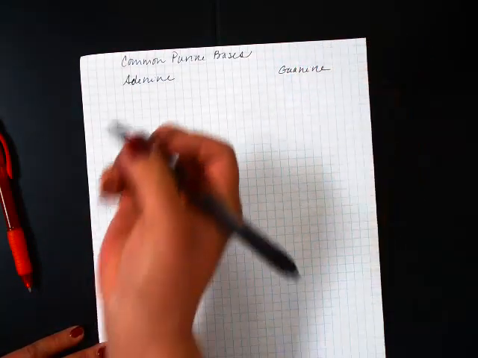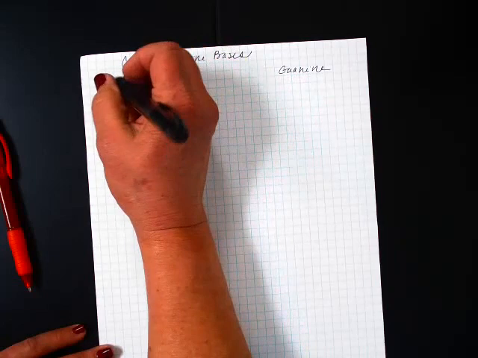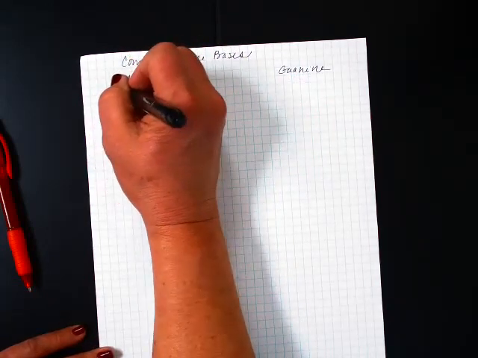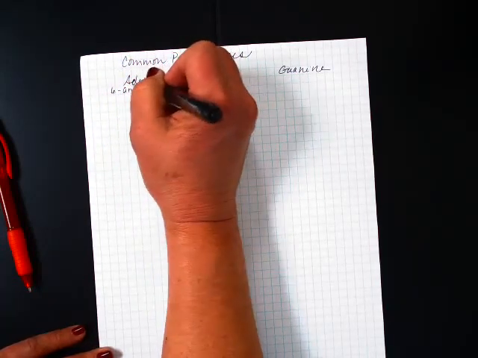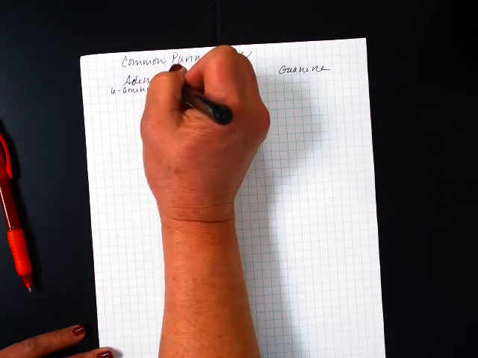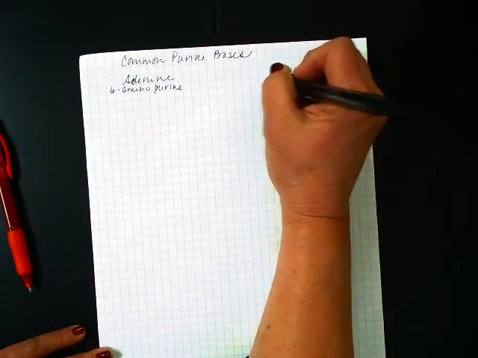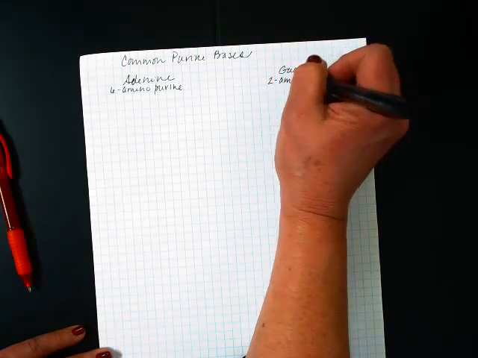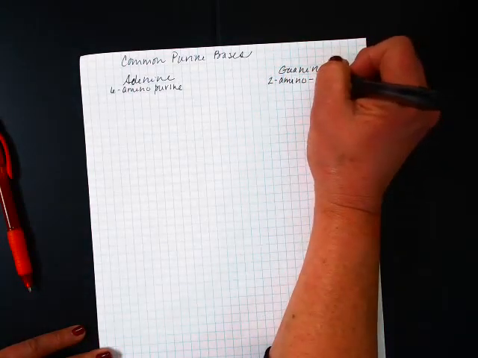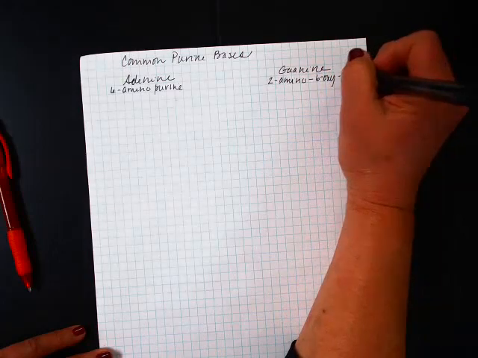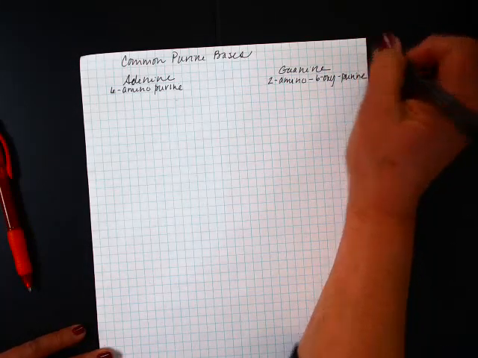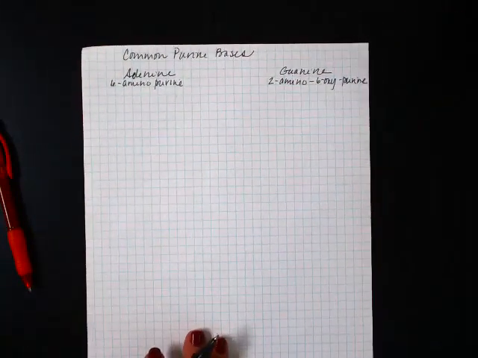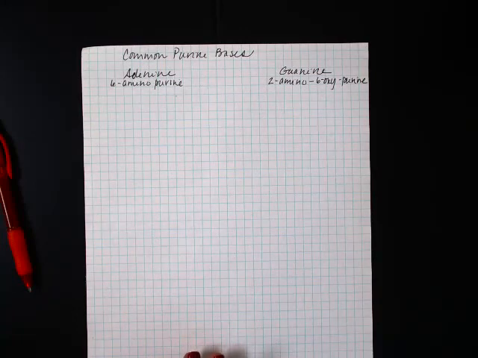Adenine is also called 6-aminopurine, and guanine is 2-amino 6-oxypurine. And again, it might be helpful to just memorize the basic structure of the base and then the name, so you remember where these substituent groups are located.